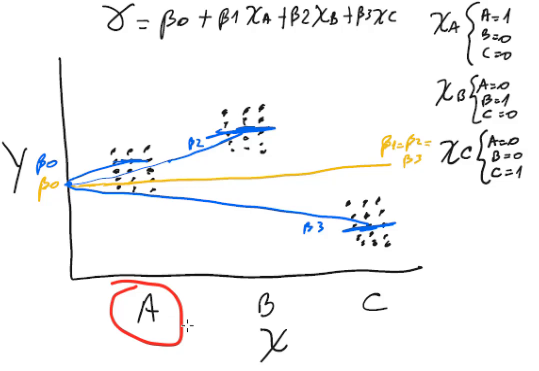Now we are going to use a different tactic. Beta 0 will be the mean total. And the mean total, in this case, is 18.33.